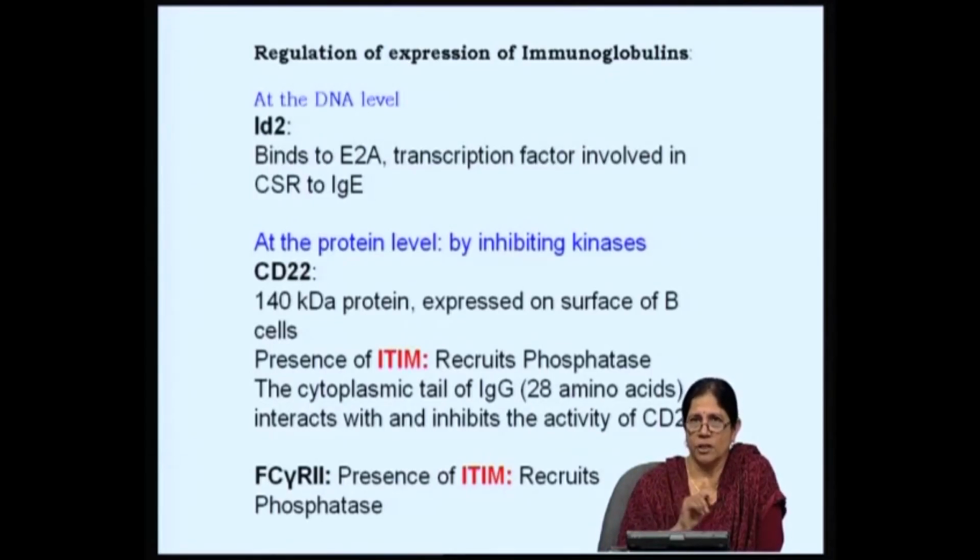Let us say one is infested with worms, then there are factors which allow the class switching to take place from IgM to IgE. Now, this happens through transcription factors called E2A, which bind to the switch region of IgE, making that available to undergo class switching. In case of a pathogen like helminth, it is required that the immune system makes IgE type of antibodies, because these antibodies, as soon as they are secreted, are bound to the mast cells.